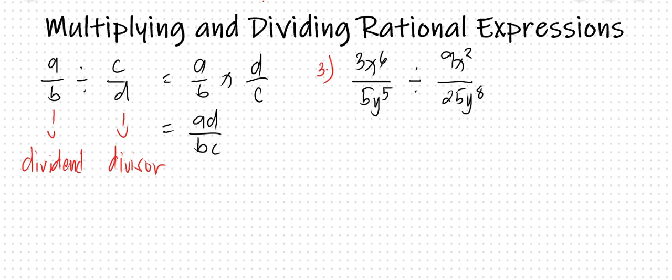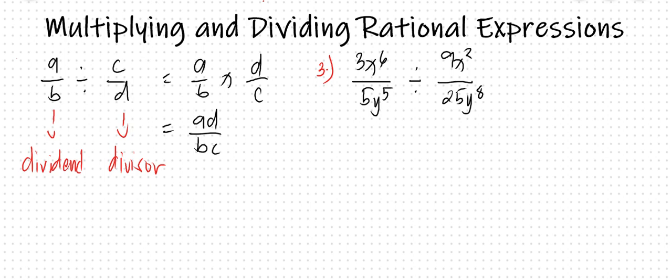So, for example, 3x raised to 6 all over 5y raised to 5 divided by 9x squared all over 25y raised to 8. Again, dividend, divisor. Dapat alam niyo po yung alin dyan yung divisor and then dividend. Then, again, just follow these rules in dividing rational expression.